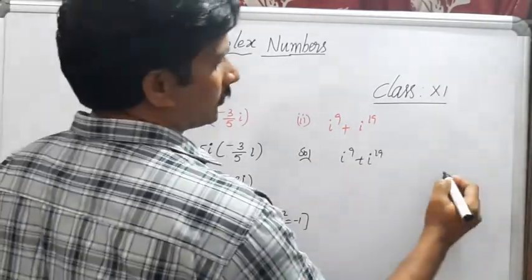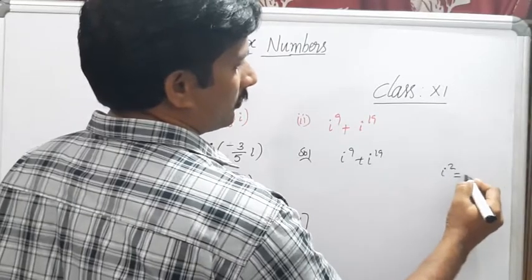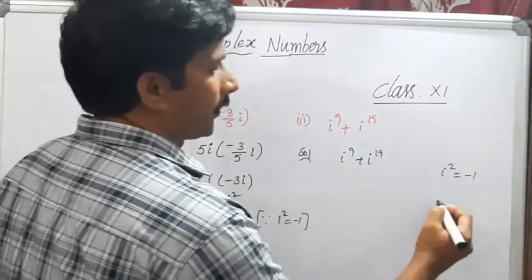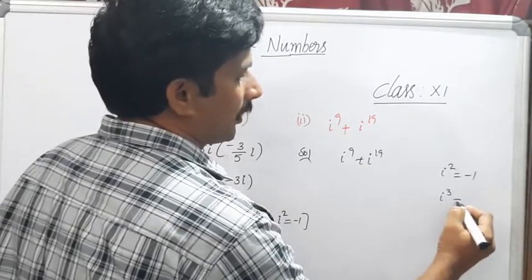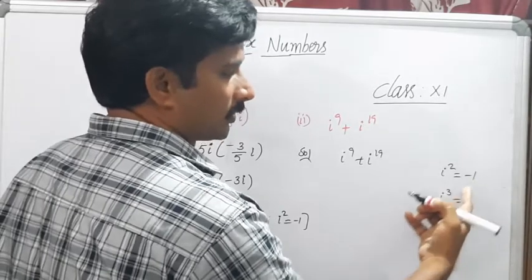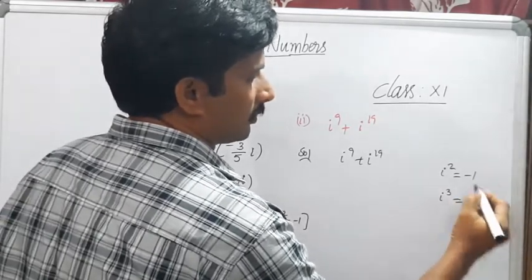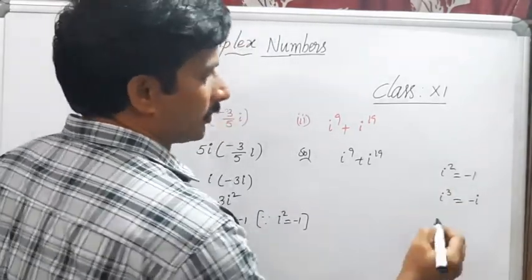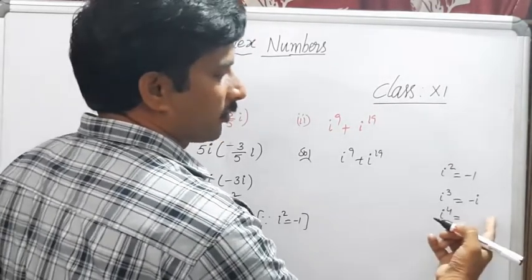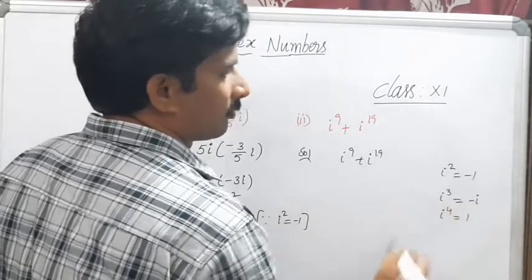We know that i square equals minus 1. Whenever i square equals minus 1, then i cube can be written as i square into i, so i cube is equal to minus i. Then i power 4 can be written as i square into i square, so minus 1 into minus 1 is plus 1.